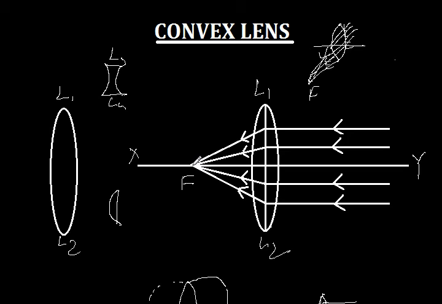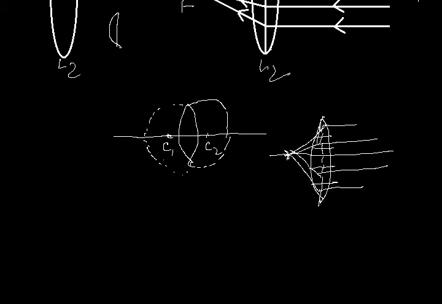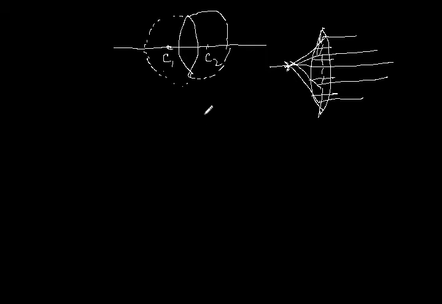And this second principal focus may be the first principal focus if a beam of light diverging from this point, in this manner, is converted into a parallel beam of light after getting refracted. Say, this is a convex lens.